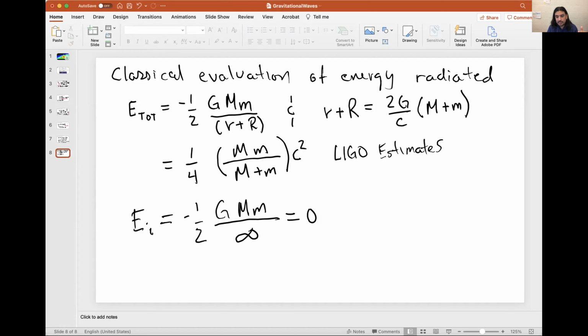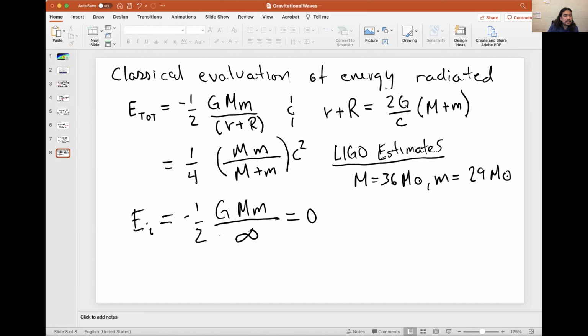And if we had done that, the individual black hole masses that we would get from looking at when the two are oscillating are 53 and 23 solar masses. But actually, let's not look at those values. Let's look at what LIGO estimates. LIGO estimated, based on the data, that the big mass is actually 36 solar masses, and the little mass is actually 29 solar masses. So they're about the same according to the estimates that the LIGO collaboration did.